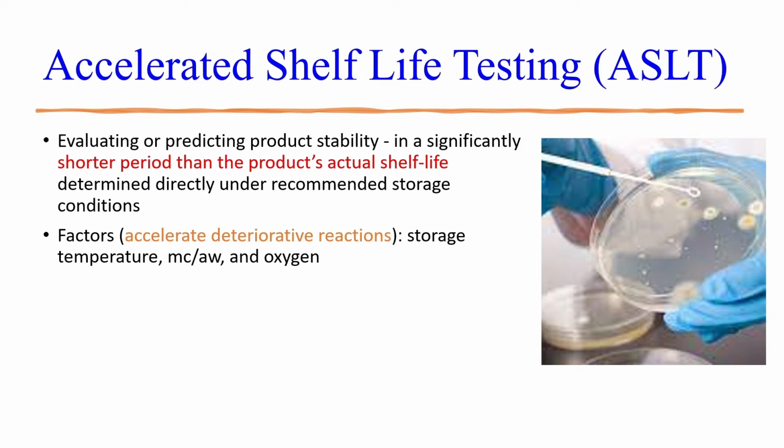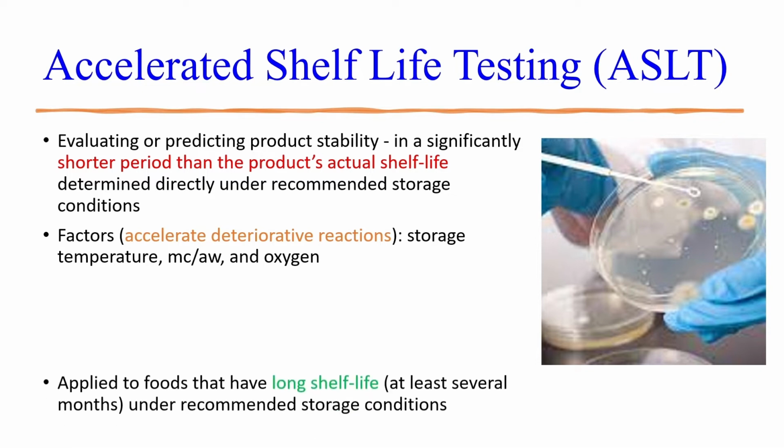So we can consider various types of factors to accelerate the deteriorative reactions. We can study the main factors, or we can combine them, like storage conditions, which involve temperature, moisture content, and oxygen.